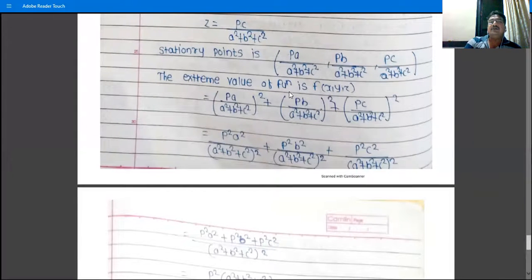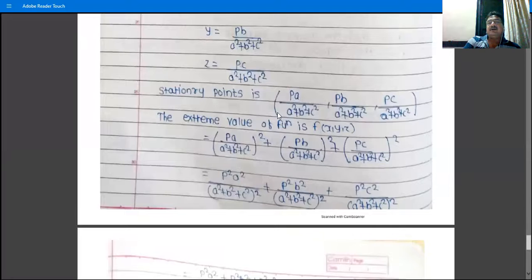But there is no such condition to check whether a function of three variables is maximum or minimum at the stationary point. So we just find the stationary points and write the extreme value of the function at the stationary point, that is f(x, y, z).